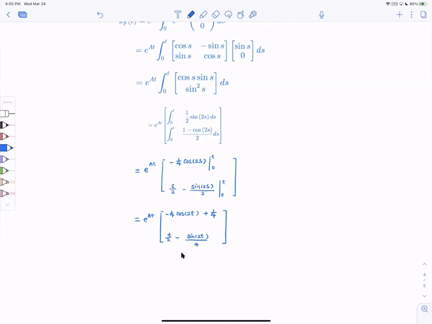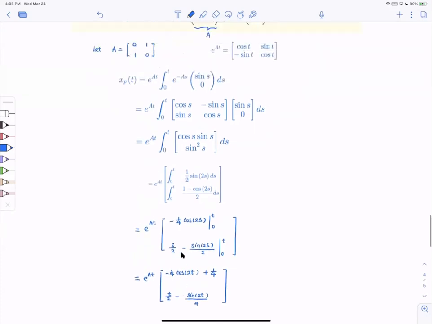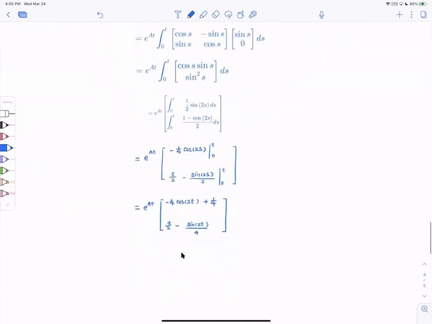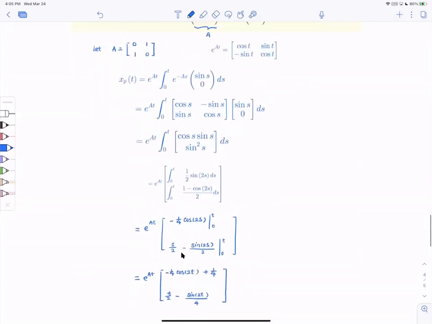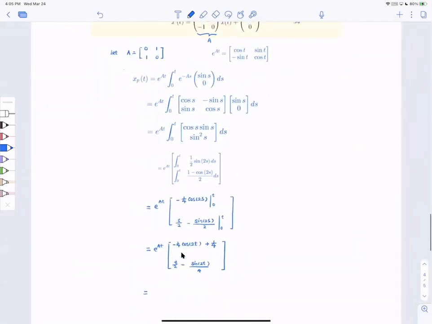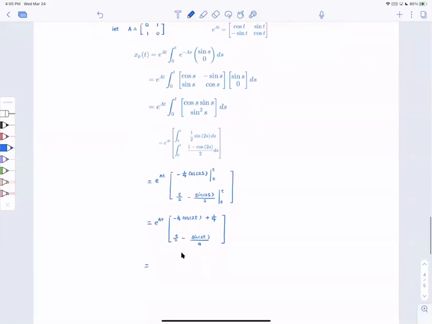And then you need to do matrix multiplication. So e to the At is this. Let me make it smaller because I don't remember. Cosine t, sine t, negative sine t, cosine t, times this.